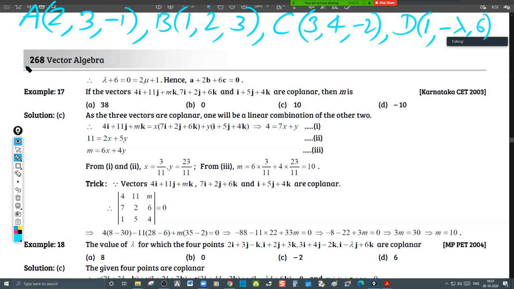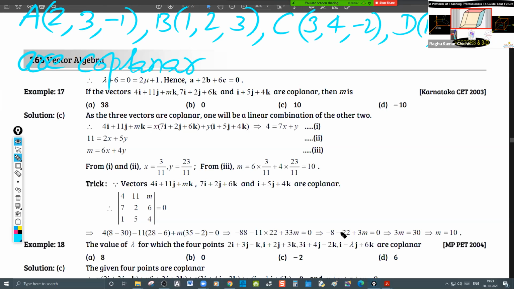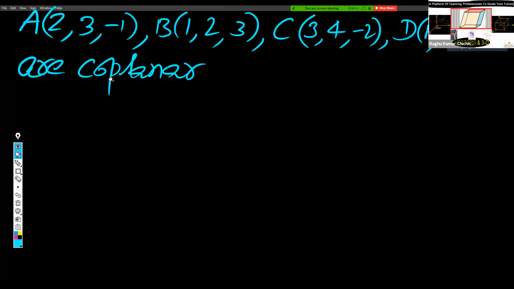What he's saying is they are coplanar. Just now I said, Kaushik, if there are 3 vectors, we talk about the coplanarity. If 3 points are there, they will obviously be coplanar, but if points are given, you must understand that 4 points must be given for coplanarity.